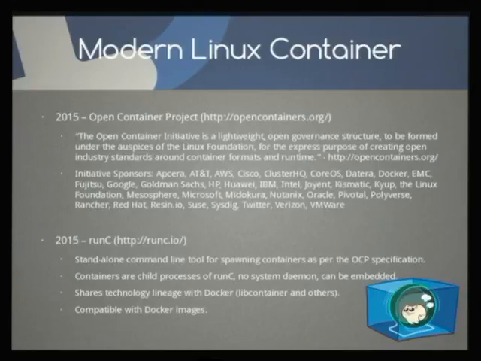A lot of that looks like Docker. To the best of my knowledge, it is directly compatible with Docker images, one for one, but it allows you to run them outside of the Docker daemon, the Docker daemon being a single point of entry for all of this.